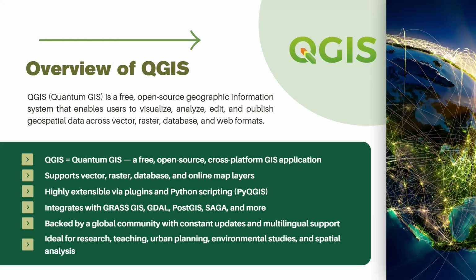Today, it's used by governments, research labs, and universities worldwide because the outputs were also more accurate in QGIS comparatively than other GIS software. What makes QGIS truly special is that it's free, open, and community driven. You don't need costly licenses to perform high-end spatial analysis here.